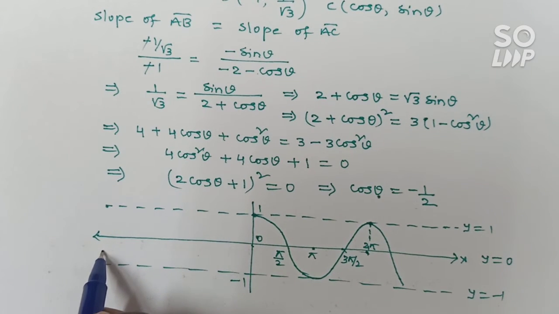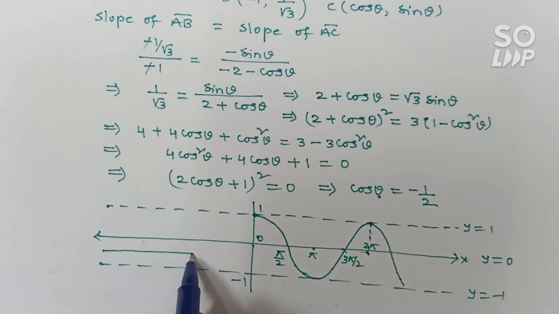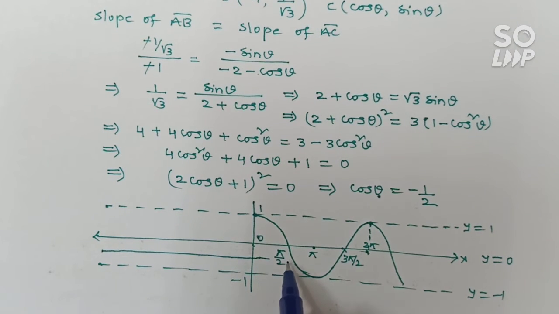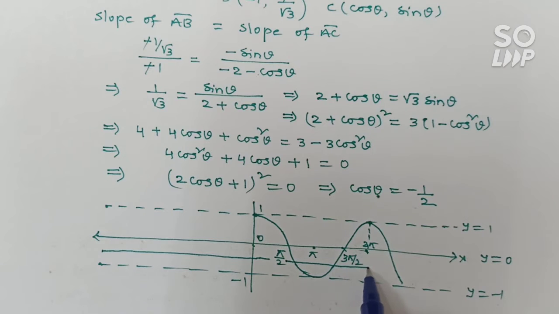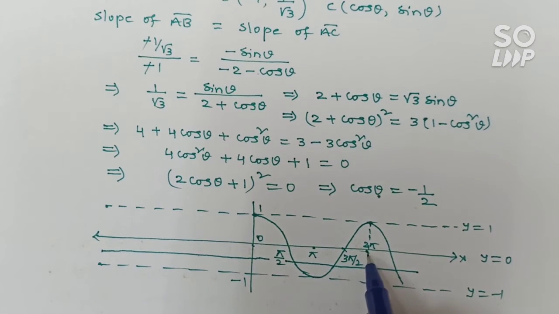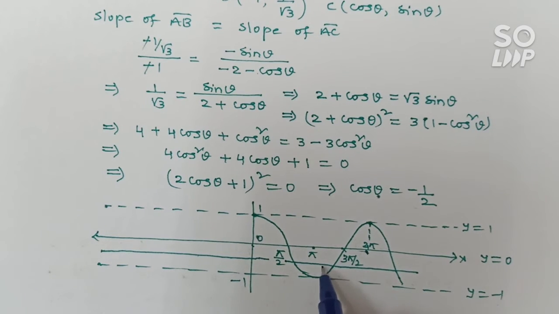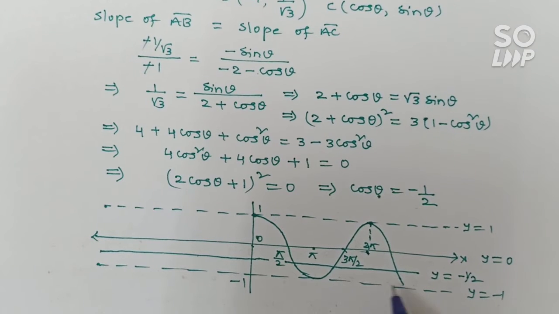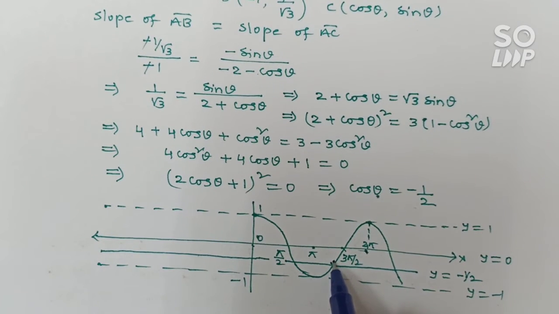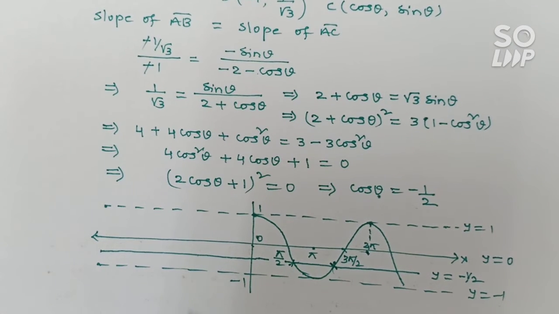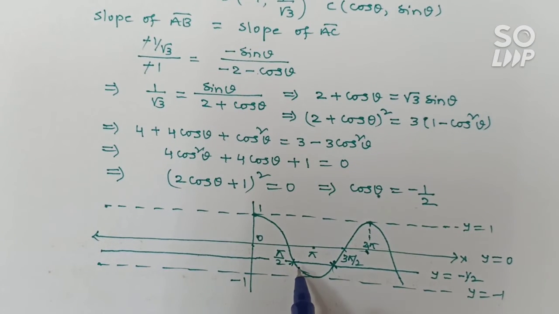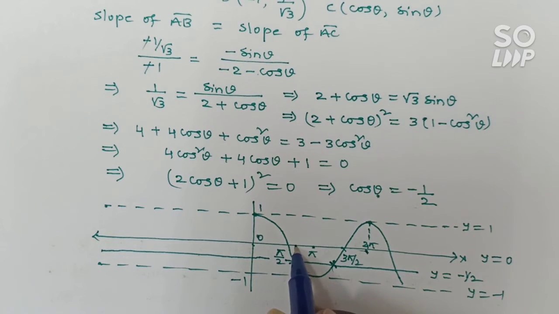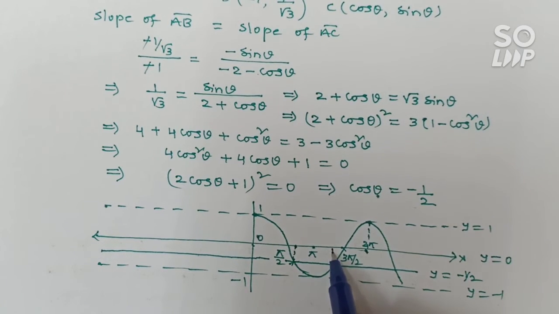So here you draw the line y is equal to minus 1 by 2, and below that 2 pi it is intersecting the curve at how many points? This is one point and this is another point. So this is one value and this is another value of theta.